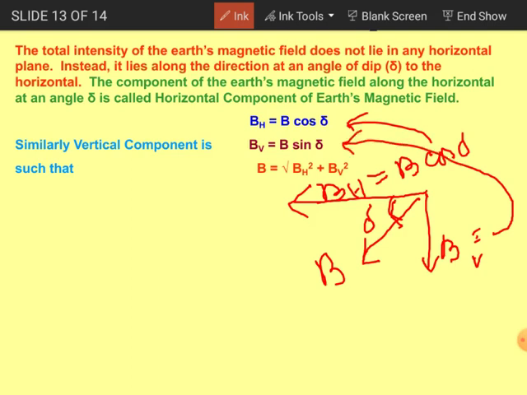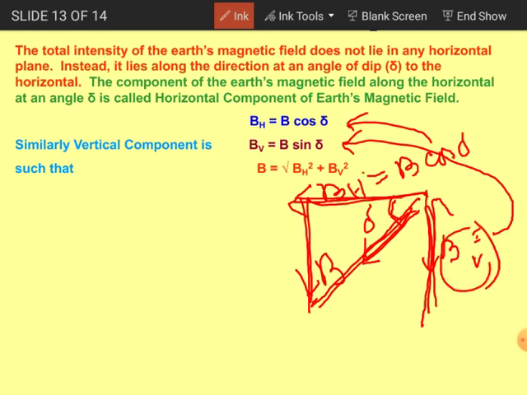If you shift BV here, then this is B, this is BV, and this is BH. As BV and BH are rectangular components, this will make a right triangle, right?